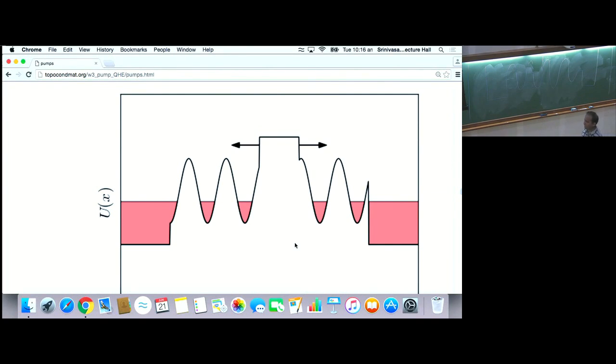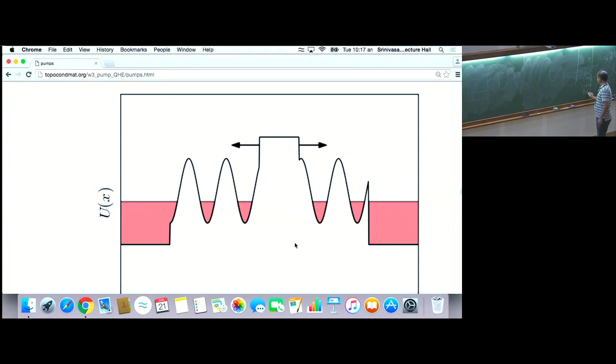And the key argument to do this is this notion of what's called, okay. So before I go there, the reason I redrew this is the assumption that I'm going to make is that I have finite wells, so that I have a level spacing which is larger than the adiabatic rate.